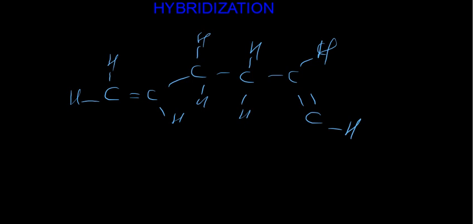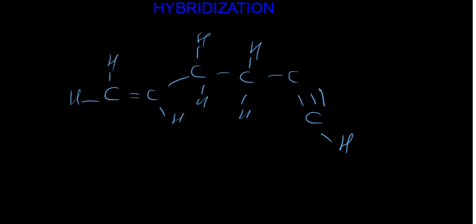We need to know that in each single bond and double bond there is only one sigma bond. Let me put a bond like this. Okay, so it means on this one I need to remove this, and then this one is like that.